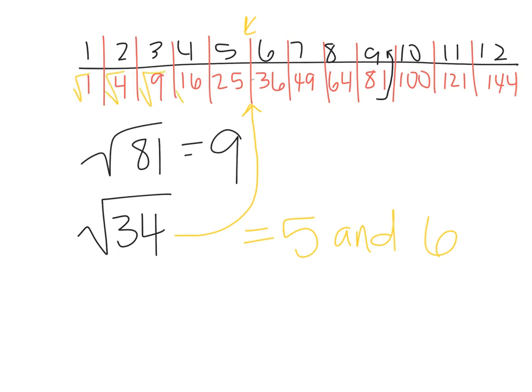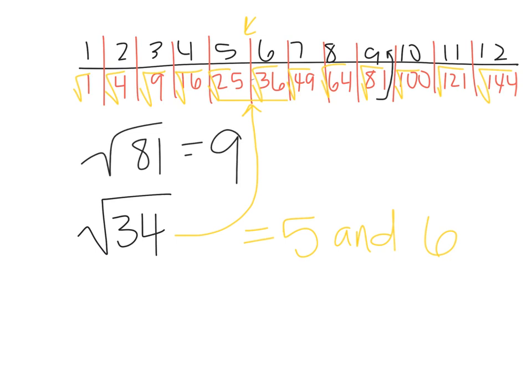If you want to, you can draw the little square root symbol over all of these to help you visualize that. So again, I know that the square root of 34 is between 5 and 6 because the square root of 34 is somewhere between the square root of 25 and the square root of 36. I picked 25 and 36 because those have whole number integer answers, and that makes life a lot easier.